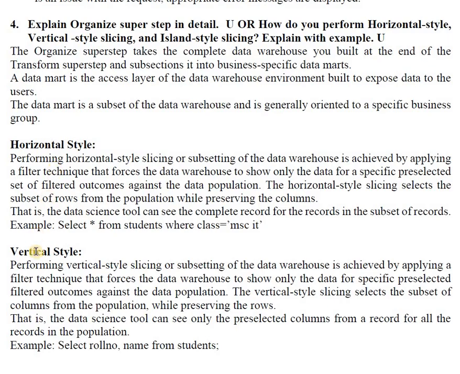Now, what are the styles, or the slicing or subsetting ways, in which the data from the data warehouse can be accessed? There are 3 main styles: horizontal style, vertical style and island style. Let us understand them one by one.